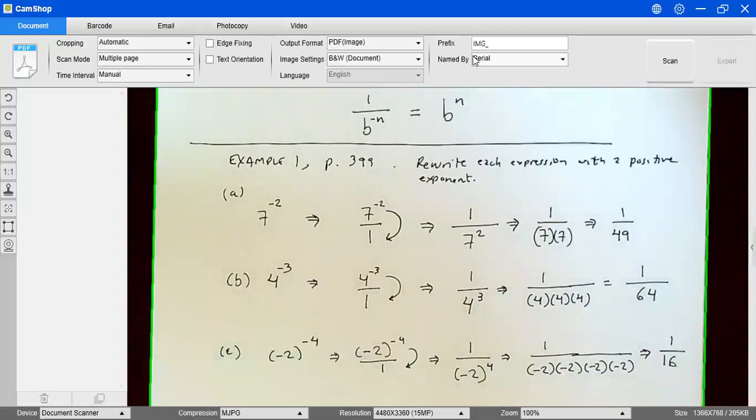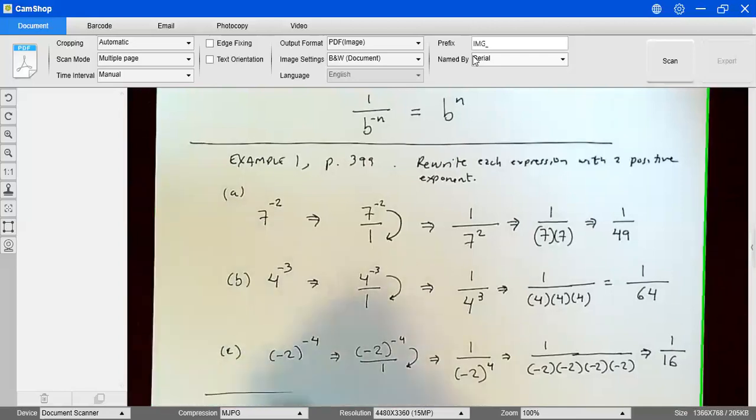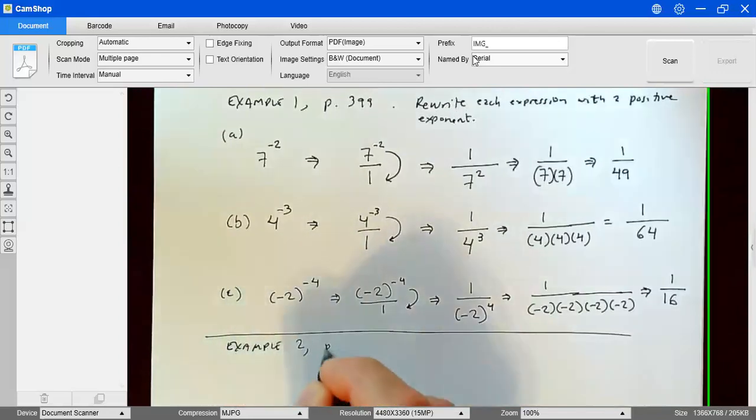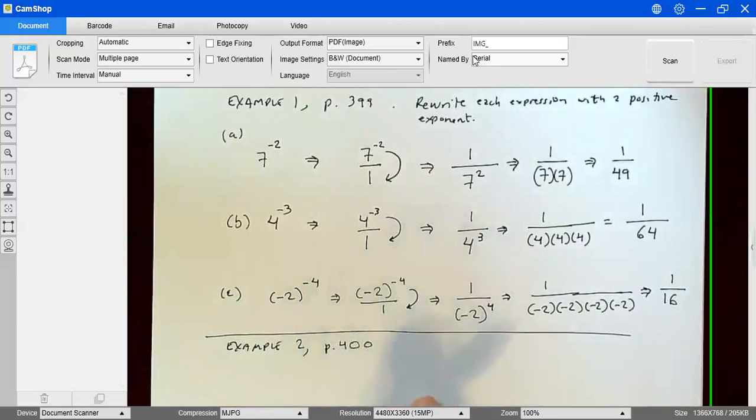I'm going to write now another example. So now we have example 2 on page 400.